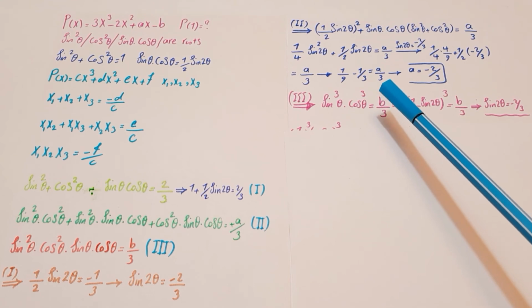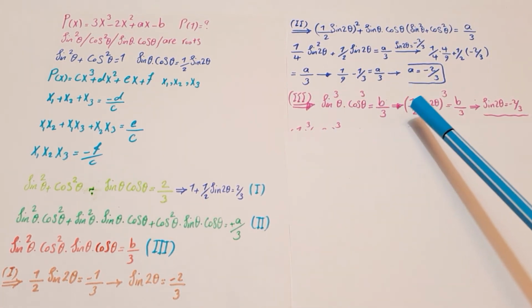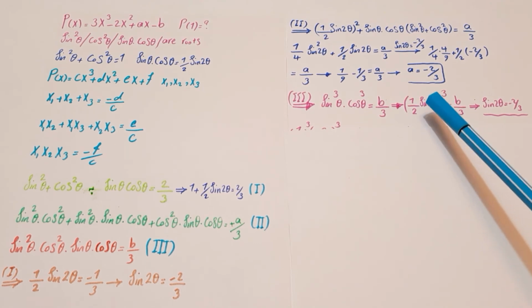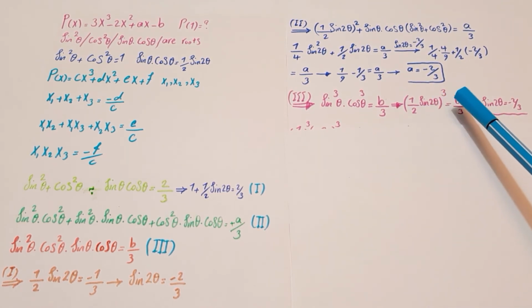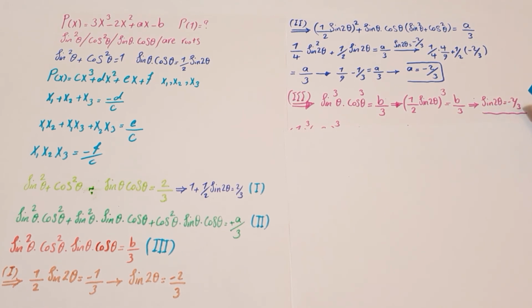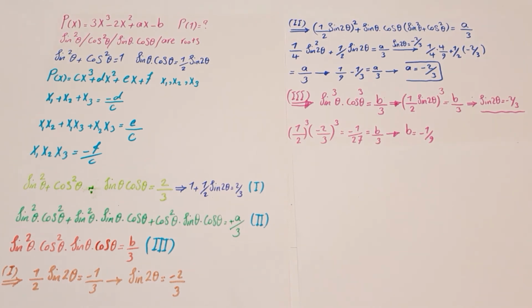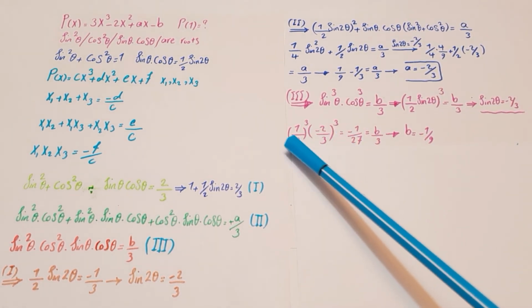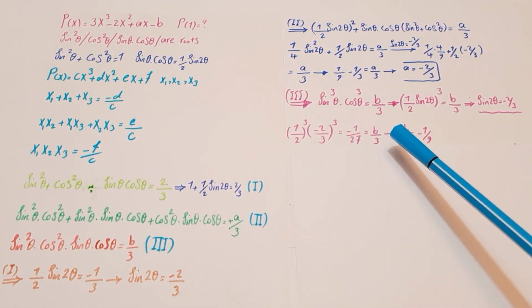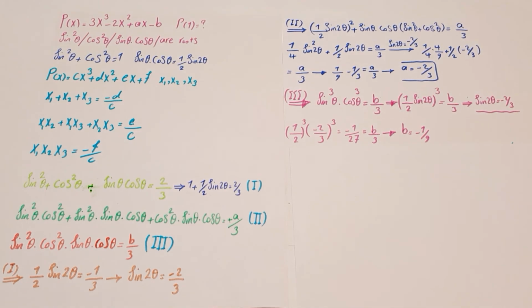We said that's b over 3, and we can write it as 1 over 2 times sin 2θ to the 3 power, equal to b over 3. We calculated sin 2θ equal to minus 2 over 3. Let's put it in our equation, and if you calculate this one, you get b equal to minus 1 over 9.